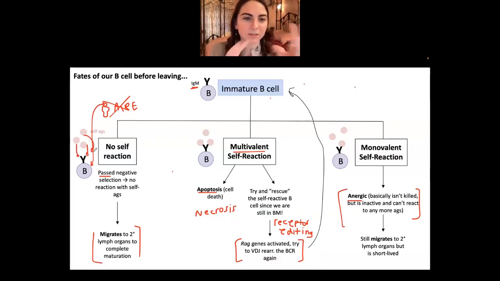So you want a vast repertoire of B cell receptors that can recognize a vast repertoire of self-antigens. Hopefully it doesn't react with any of them, and then it can leave. So this is even before it comes in contact with any foreign antigen, because negative selection involves self-antigen, right? But for any foreign antigen, this is how you're generating diversity.